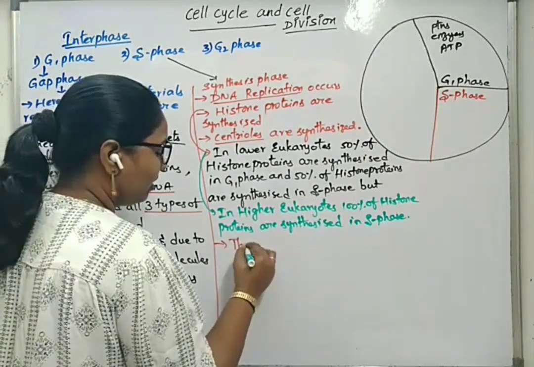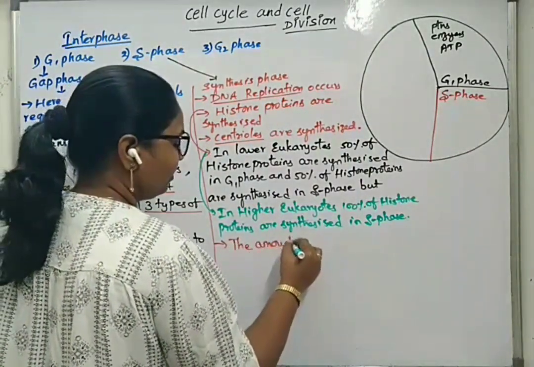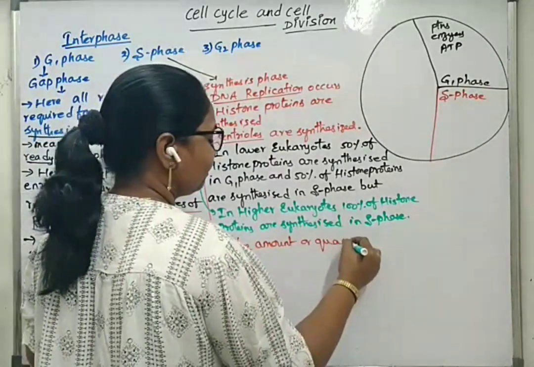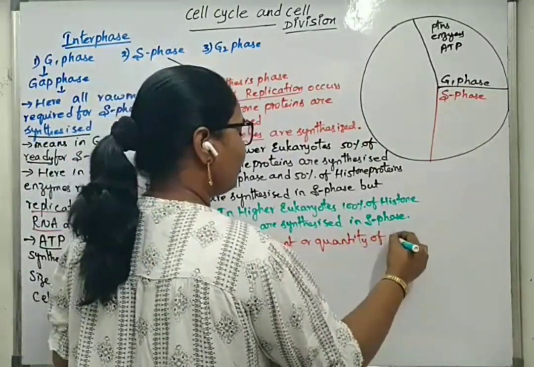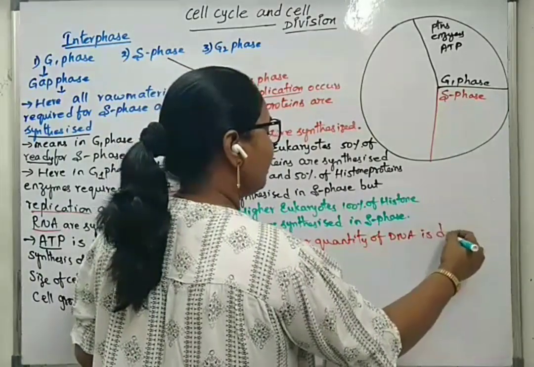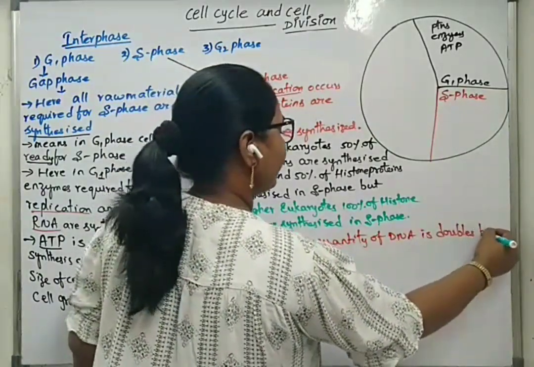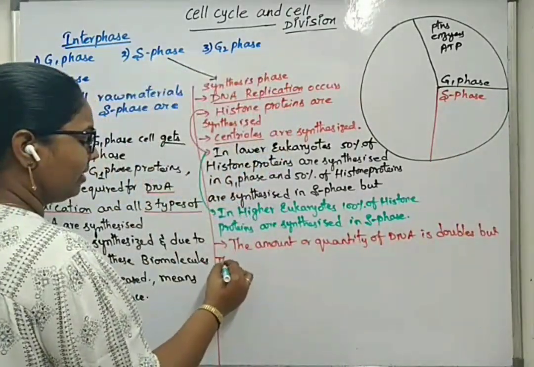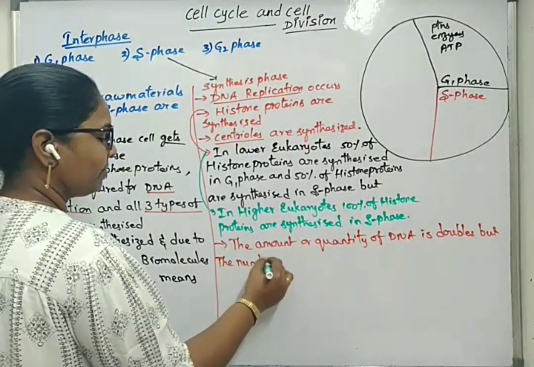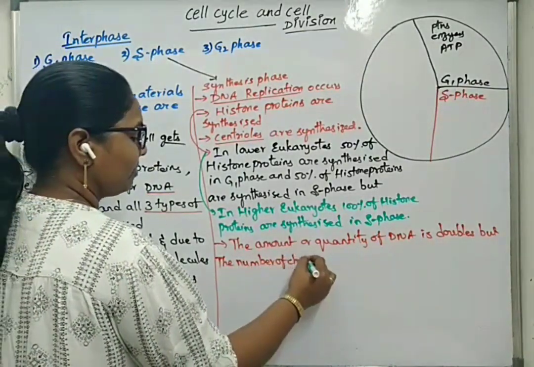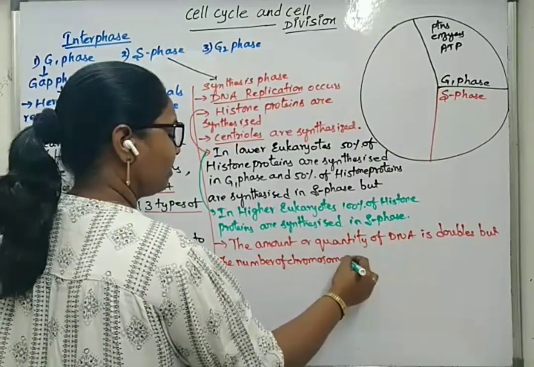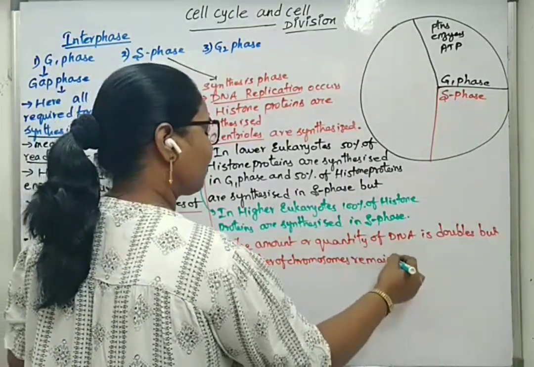So, the amount or quantity of DNA is doubled, but the number of chromosomes remains the same.